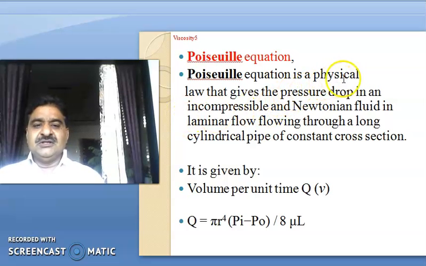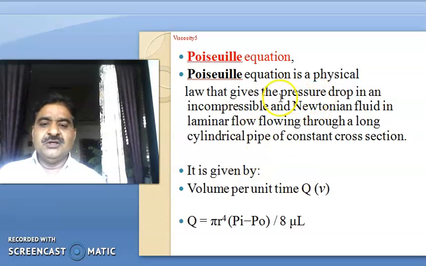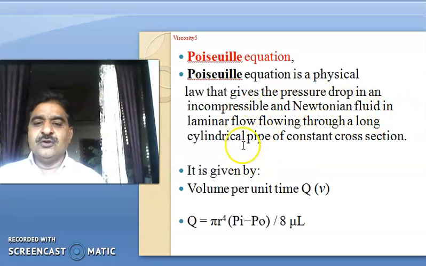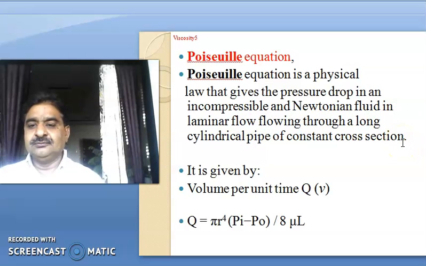Poiseuille's equation is a physical law that gives the pressure drop in an incompressible and Newtonian fluid in laminar flow flowing through a long cylindrical pipe of constant cross section.